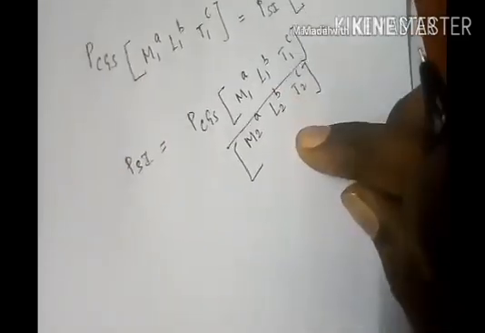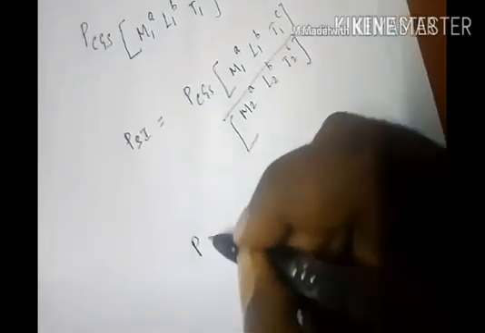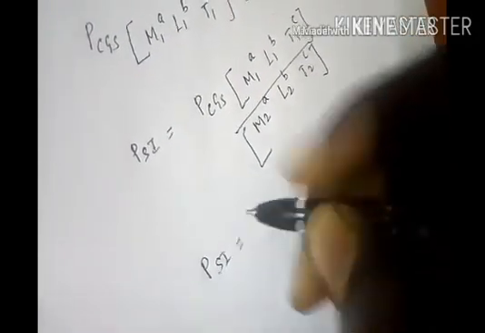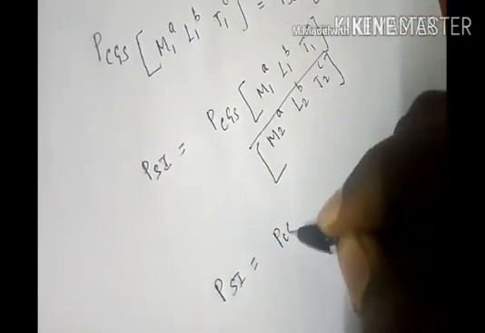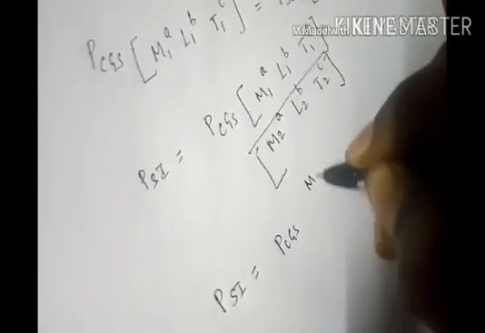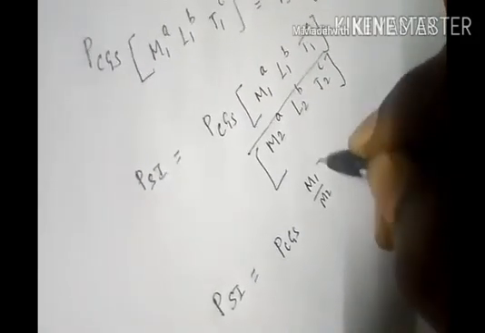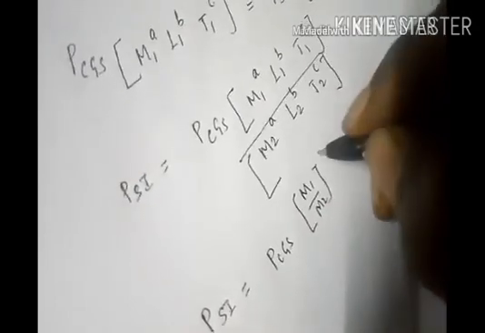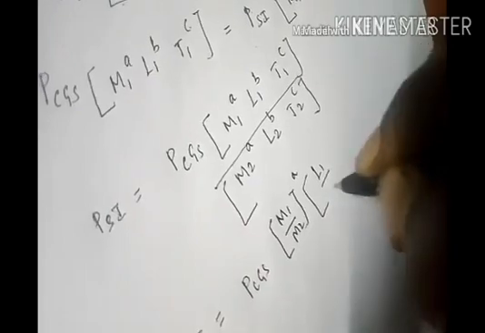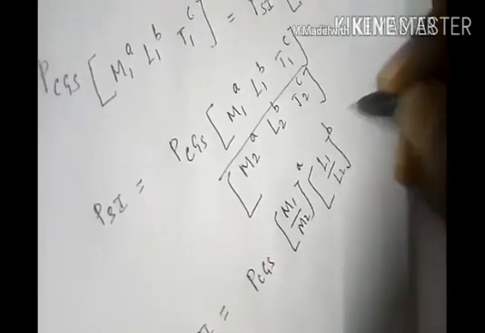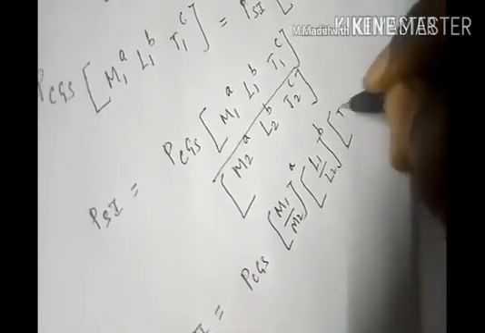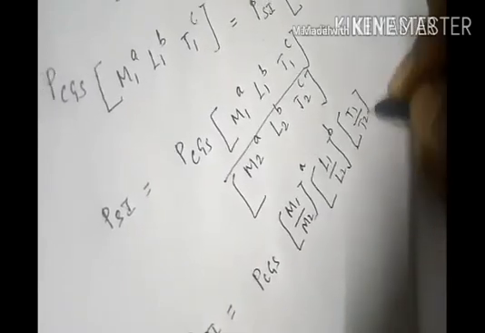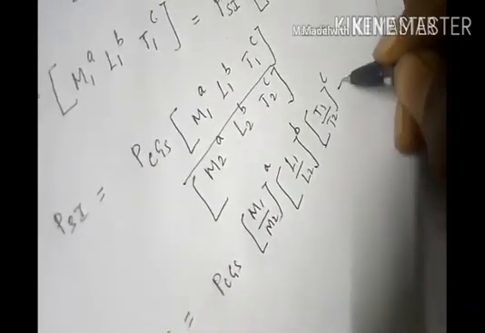I will write this equation in a convenient form. So pressure in SI system is equal to pressure in CGS system, then M1 divided by M2 power a, then L1 divided by L2 power b, then T1 divided by T2 power c. This is equation number 2.